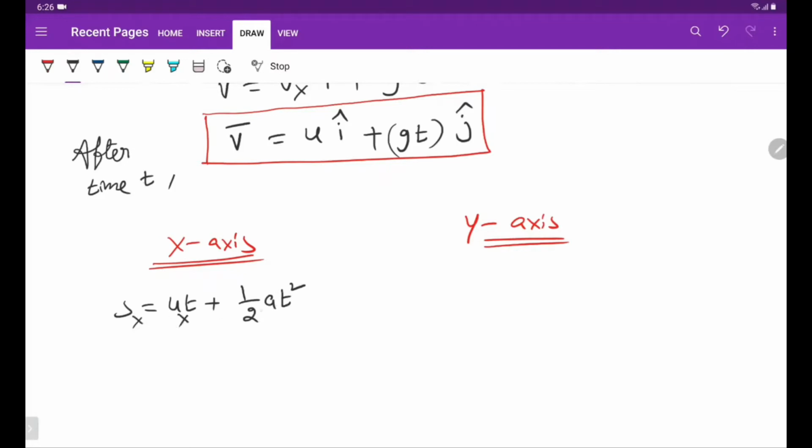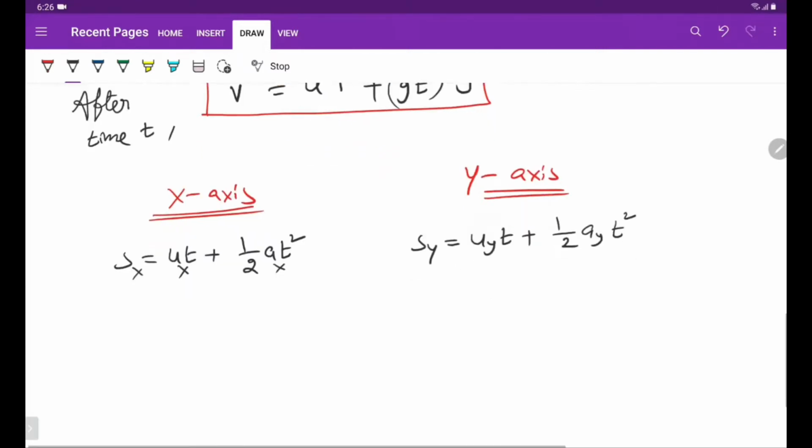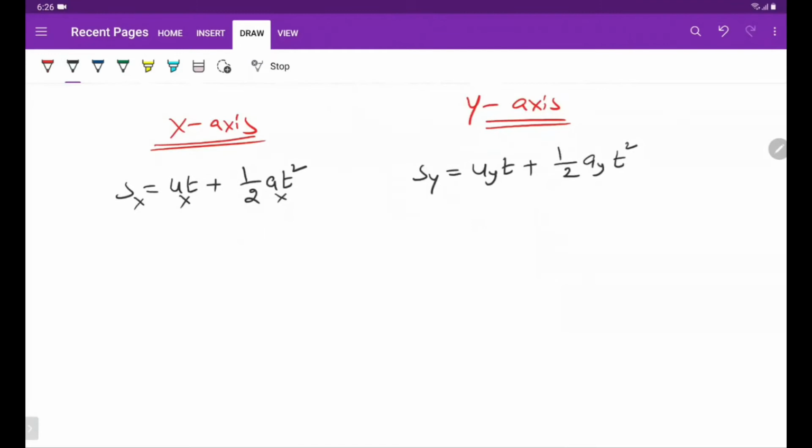Along x direction, similarly along y direction, sy is equal to uy into t plus half ay into t square. This equation also we can apply. See here, along x direction displacement is x. X is positive, it is right side.